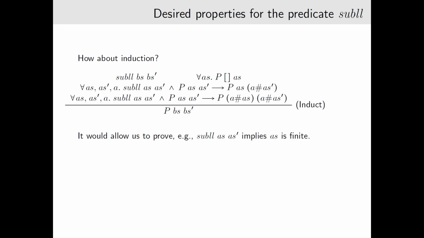So it will allow us to prove, for example, something that I have already mentioned, that the sublist implies that AS is finite. So we can define finite in different ways. We can say that the length is finite. We can define finite inductively, of course, on lazy lists and so on. But let's take finite for granted. So it will allow us to prove this, which we don't want. We want to allow sublists that are infinite of other lists, right?